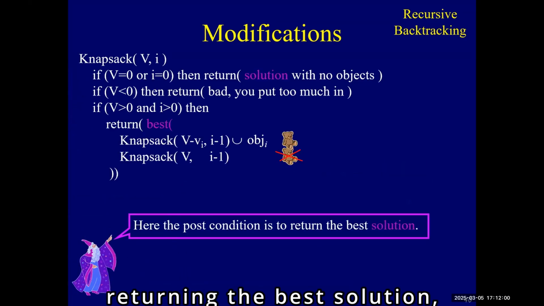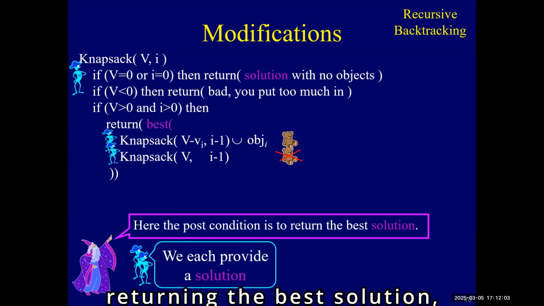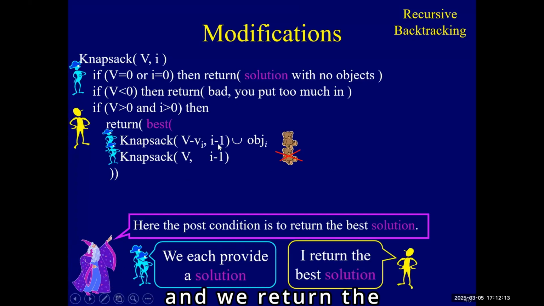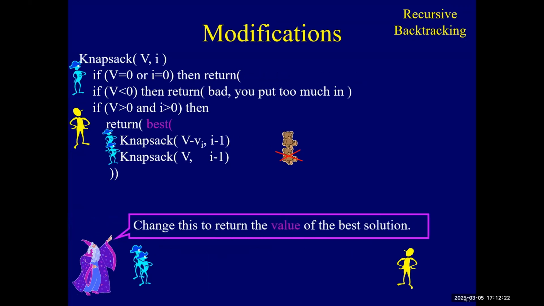So this says we're returning the best solution. Each one's giving a solution, and we return the best of these, right? So here I'm taking, this is a solution, and this is a solution. I want the best, right? But maybe I want to return the value of the best solution, right?